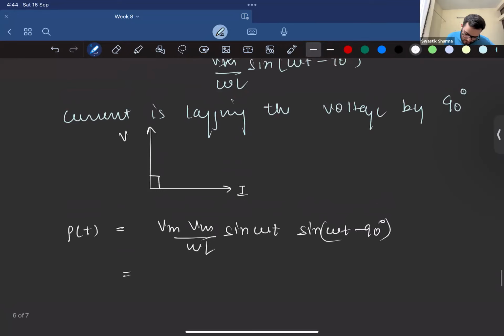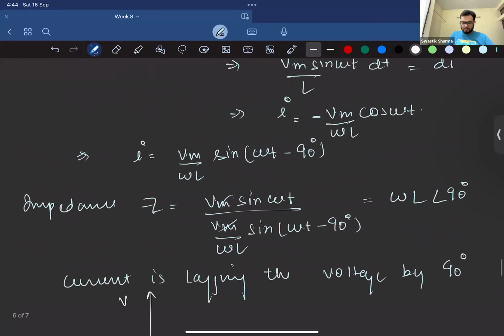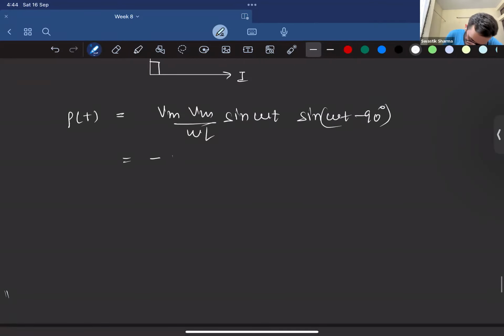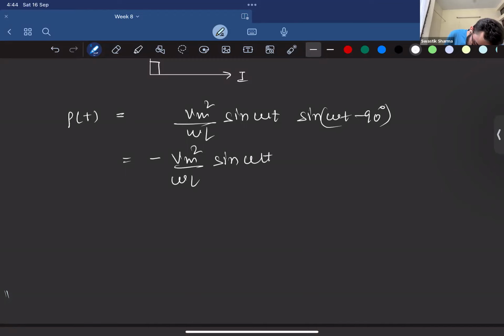Or you can say it's Vm square upon omega L, sine omega t cos omega t. So this means that we can represent it like Vm square upon 2 omega L, sine of 2 omega t.